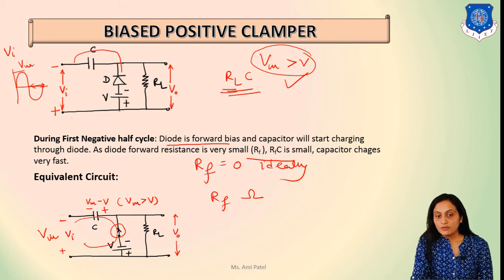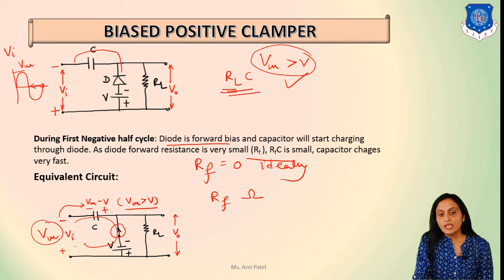And we know that Vm is greater than V, right? That's why this voltage is higher. So the polarity on the capacitor will be like this, minus plus, because this minus is connected over here and this plus. The effect will be a minus plus polarity as shown in this figure.